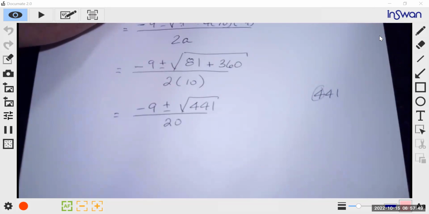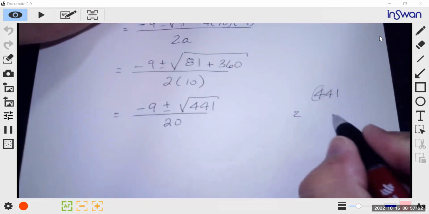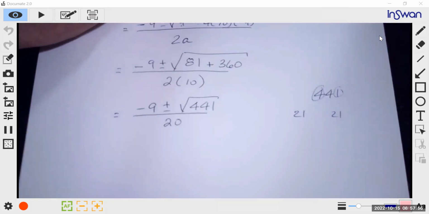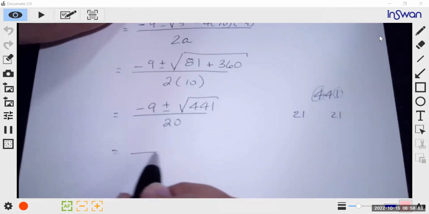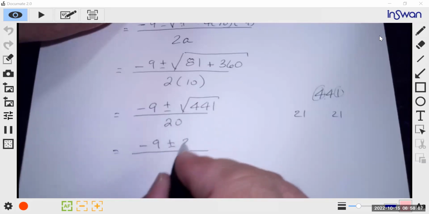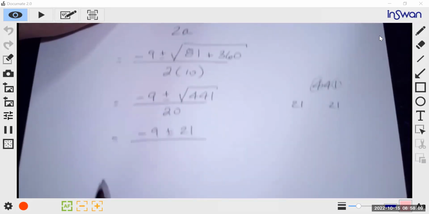What times what gives us 4? 2 times 2. What times what gives us 1? So 21 times 21 is 441. So the square root of 441 is 21, since it multiplies twice.